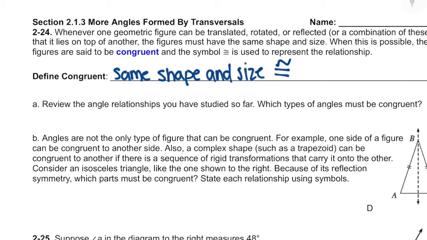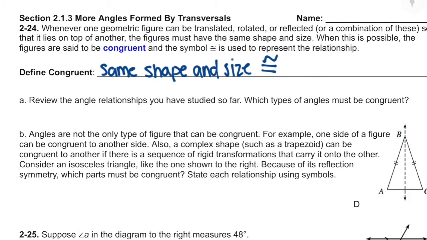So part A says, review the angle relationships you have studied so far. Which types of angles must be congruent? So if we look back at our toolkit, we've talked about vertical angles, straight angles, right angles, or straight lines, whatever you wrote, or think about it as, it's up to you. And then corresponding angles.